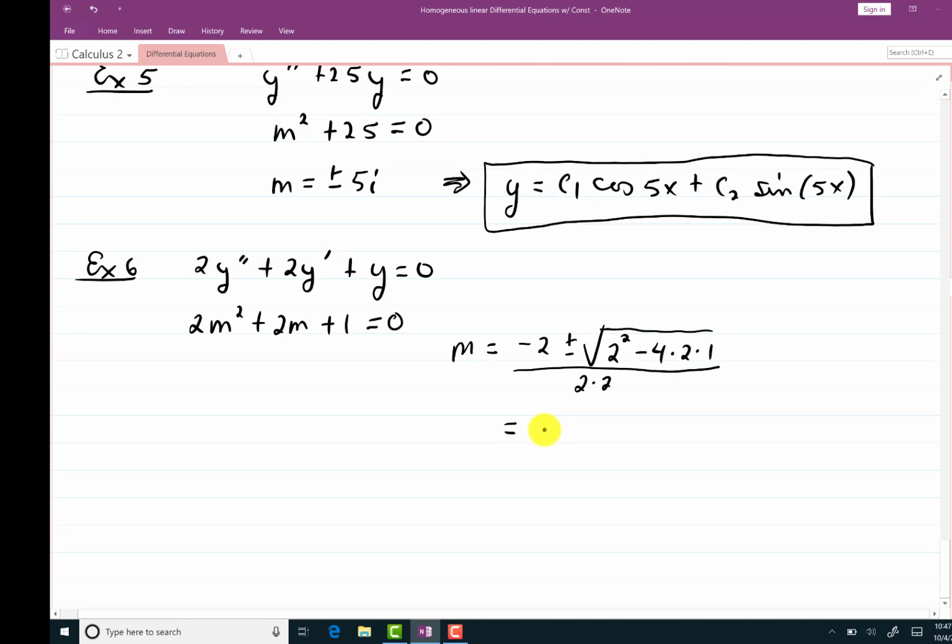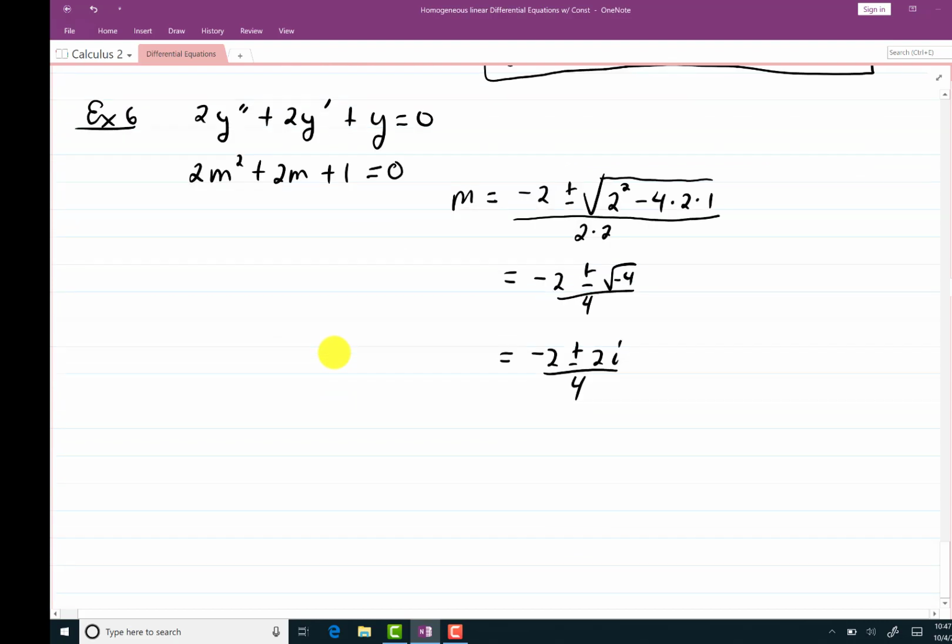And let me do a little simplifying. Negative 2 plus and minus, inside I'll have 4 minus 8, so I'll have negative 4 in the square root. And that, of course, is negative 2 plus and minus 2i over, I made a mistake in the denominator, that's 4. Or perhaps a little simpler is negative 1/2 plus and minus i over 2. So those are our two solutions.